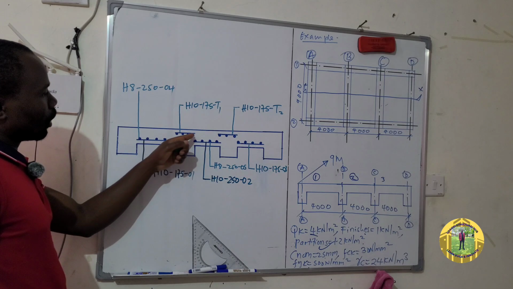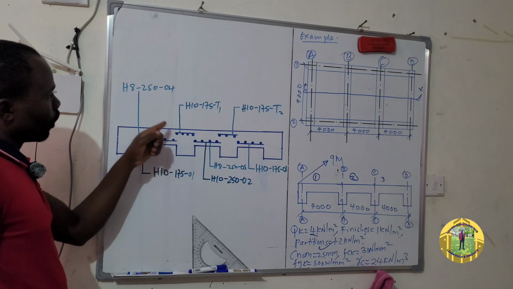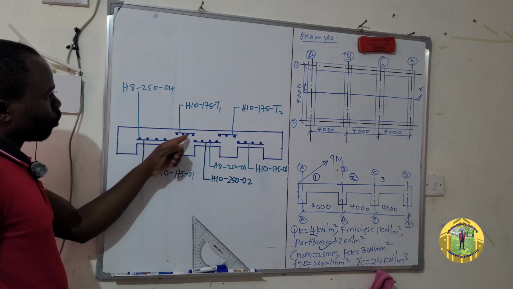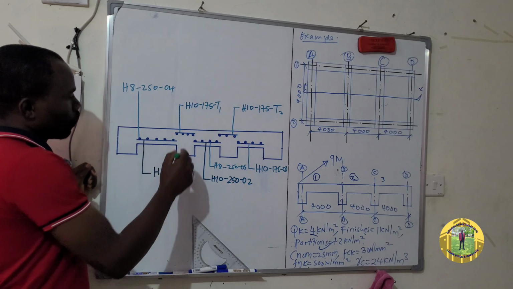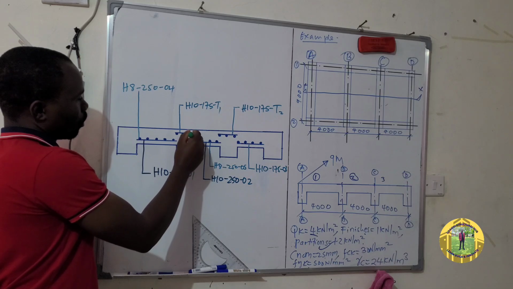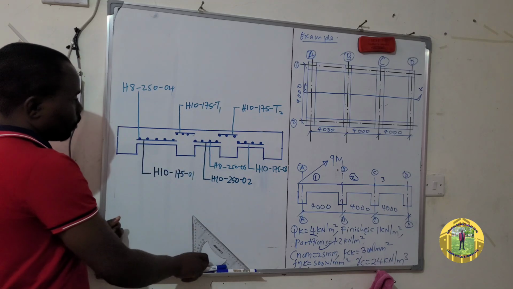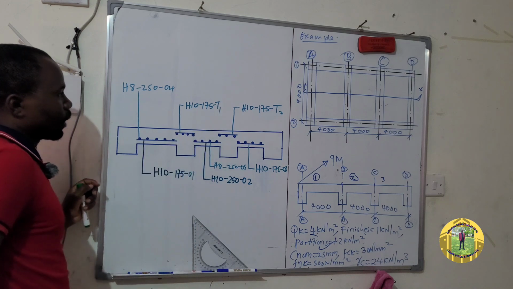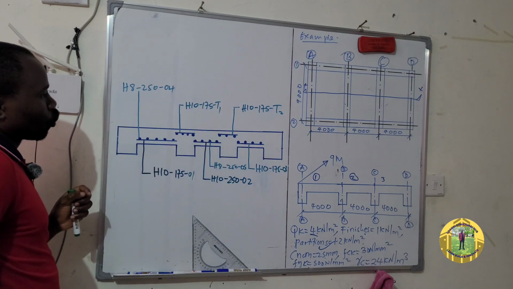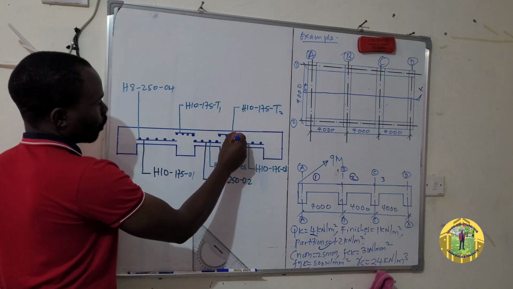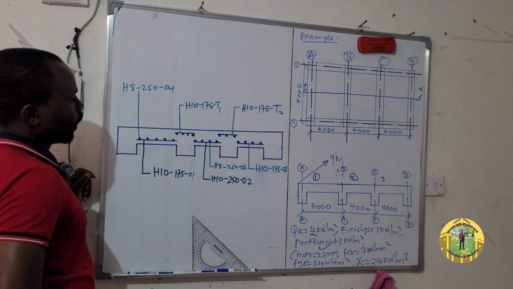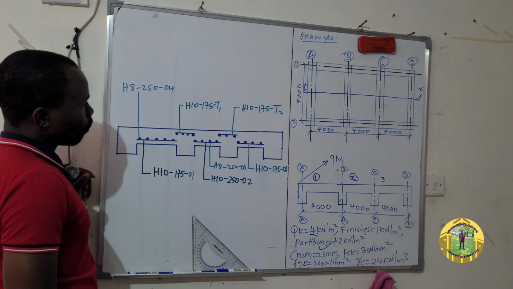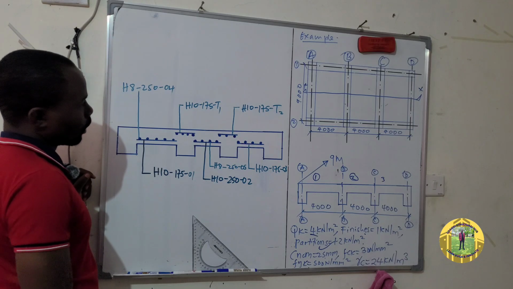So this one you can label it H8 at 250, top 3. This one here. So this is H8 at 250, top 3. And this one is H8 at 250, top 4. And that is it.